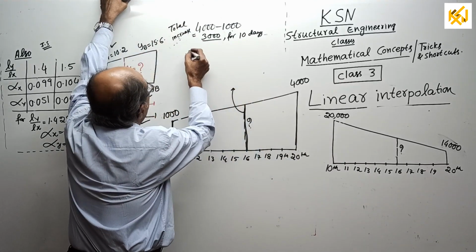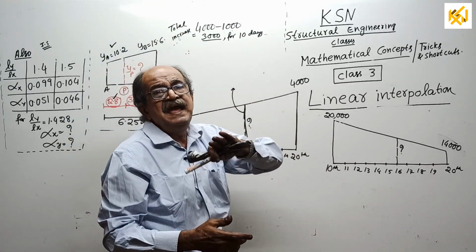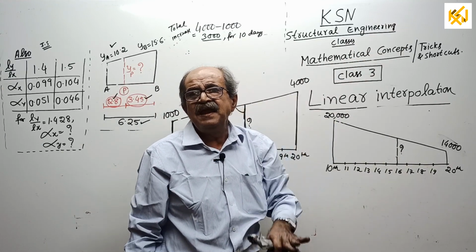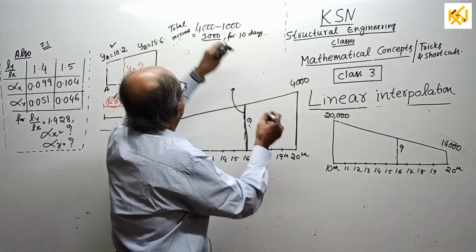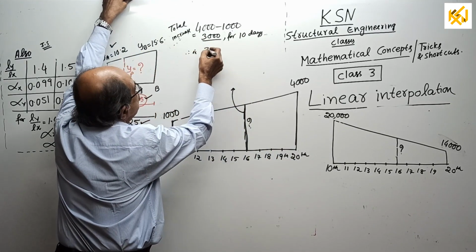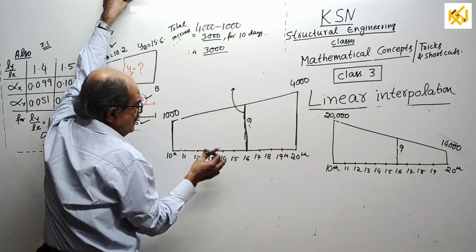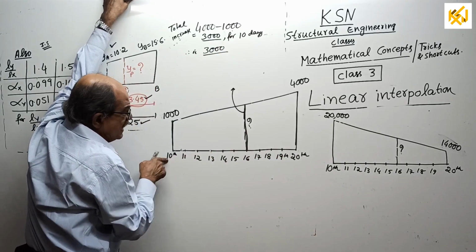Now it is told that it is a steady increase. Linear means every day increases by the same amount. So you can tell 3,000 increase divided by 10. Why 10? It is not this 10 nor that 10.